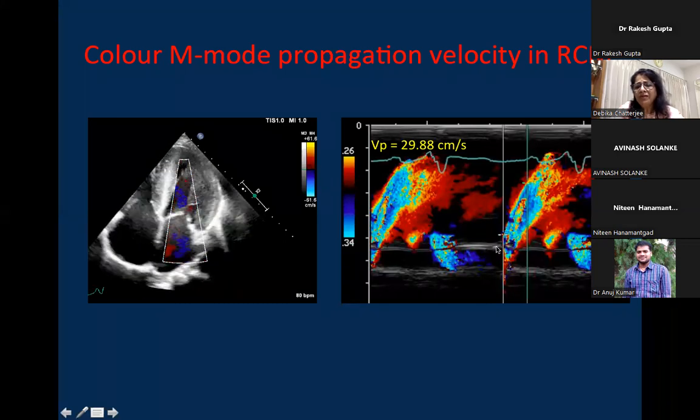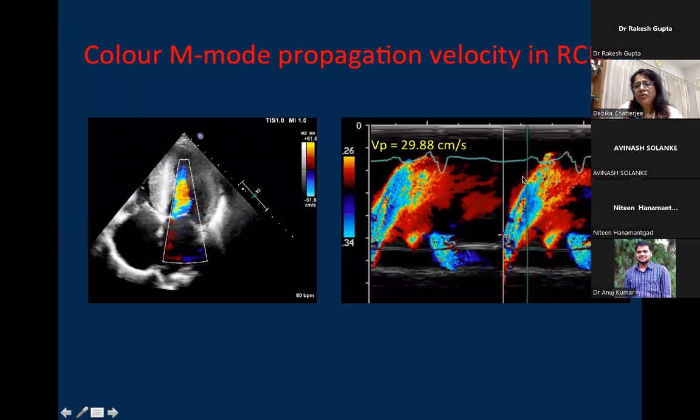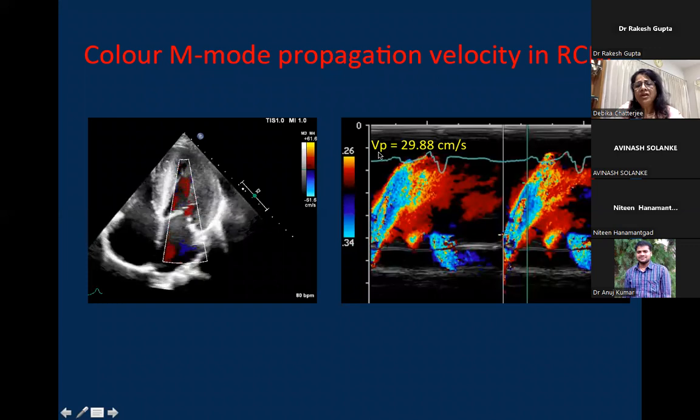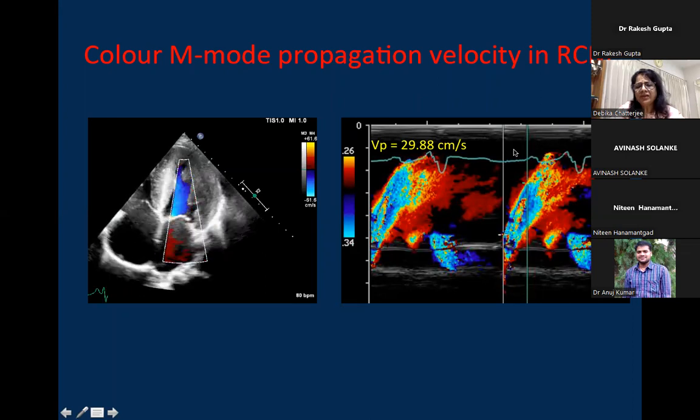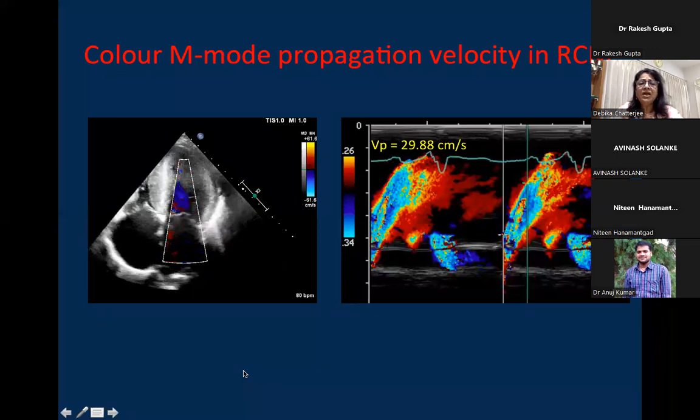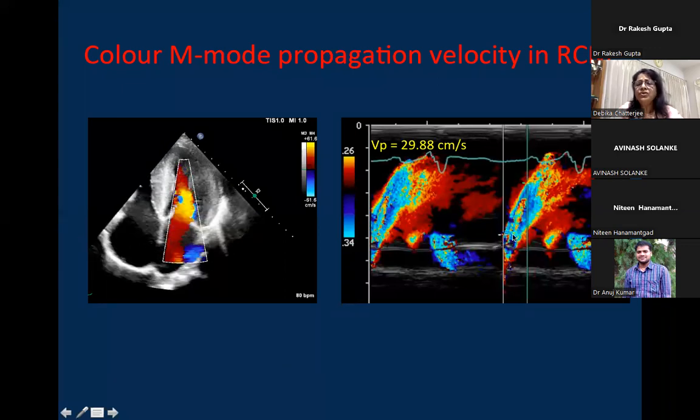This is the mitral valve level, and we measure the slope. We go till 4 centimeters inside the ventricle, and we see that the VP is only 29.88 centimeters per second.